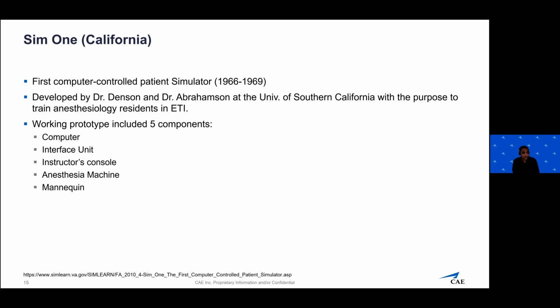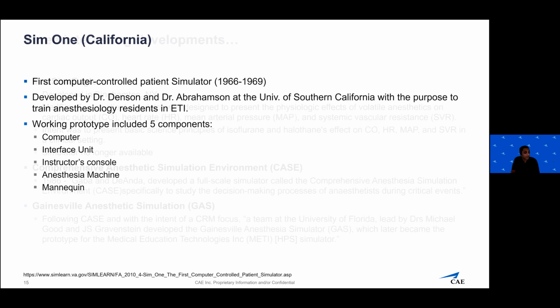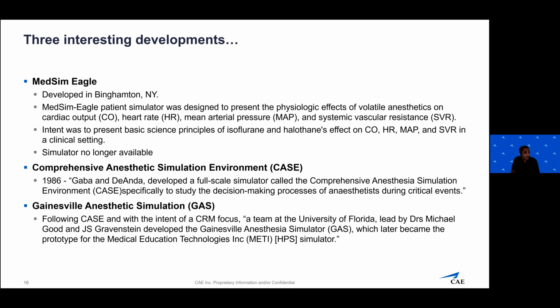Simulation has become an essential component for education and training, and we're starting to really see that come to the forefront in the late 1960s. We have MedSim Eagle, which many of you may not even be familiar with, and it was developed in Binghamton, New York. It was really there to present the physiological effect of volatile anesthetics on cardiac output, heart rate, mean arterial pressure, and SVR.